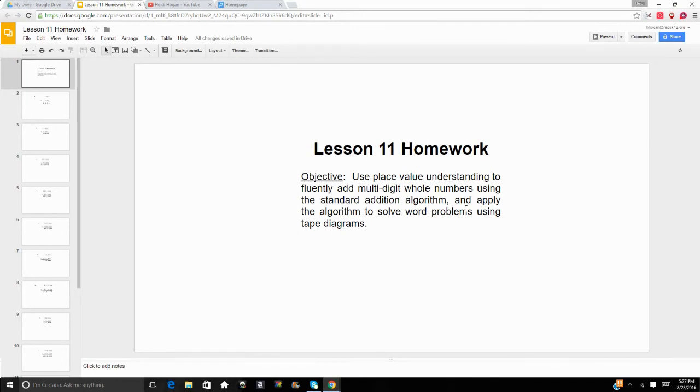You can use your fingers, you can tap, you can make tally marks. Whatever helps you to add is fine. But I think the key word here is fluently. And that doesn't mean speed, and that doesn't mean being timed. That just means it doesn't take you 20 minutes to add 5 numbers.